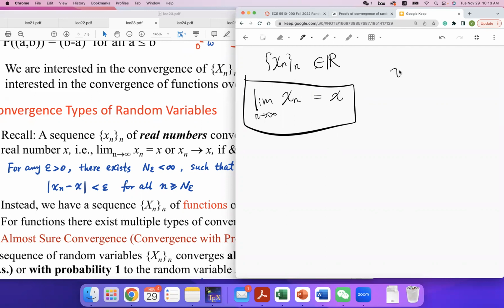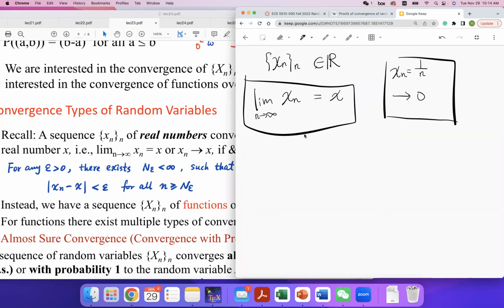For example, if xn equals 1 over n, then we know that this xn goes to 0 as n goes to infinity. So we will write limit 1 over n equals 0.